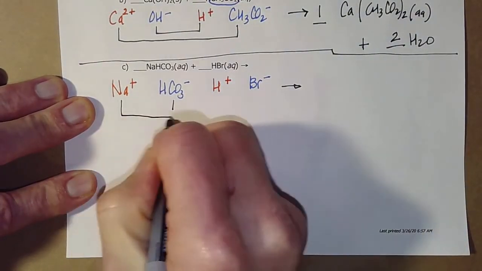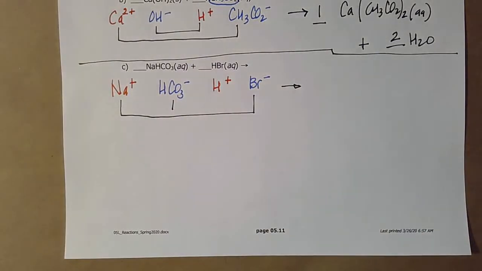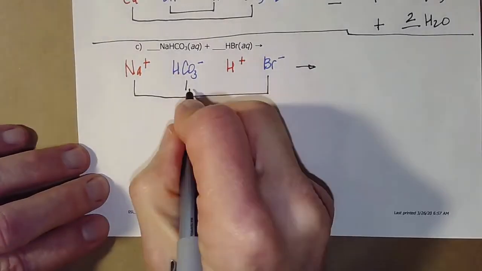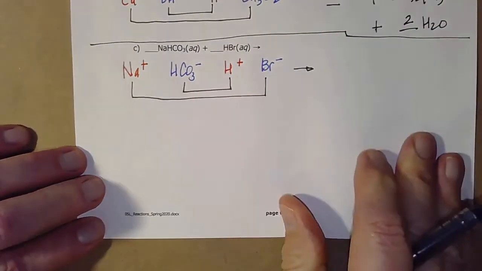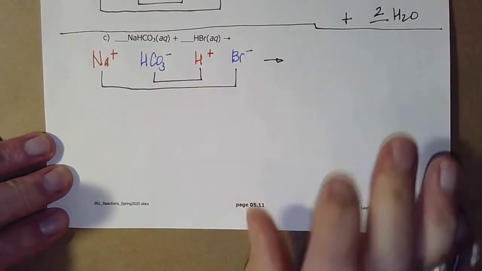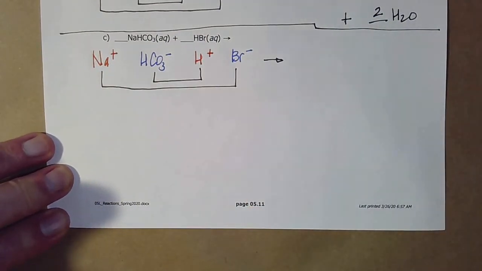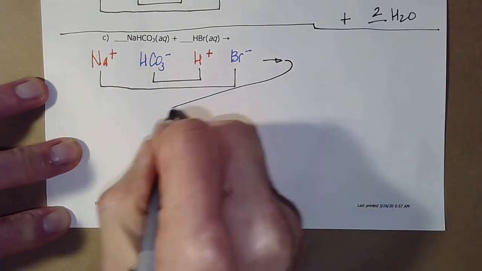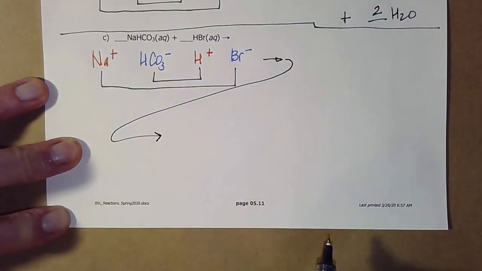Well, I'll do this. There's my ionic compound. Now, I don't see how I'm going to get water out of this, but Professor Paula Abdul says those two are going to go together. So I'm going to move this down here just to give me more space.